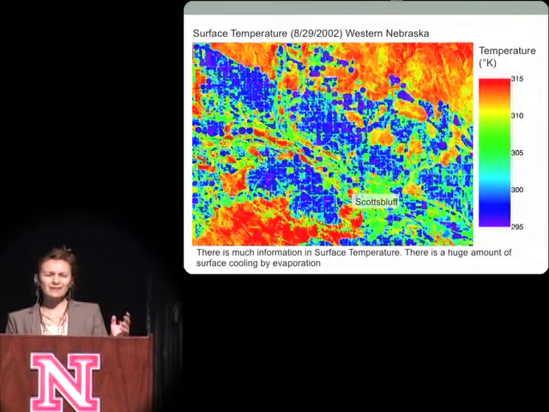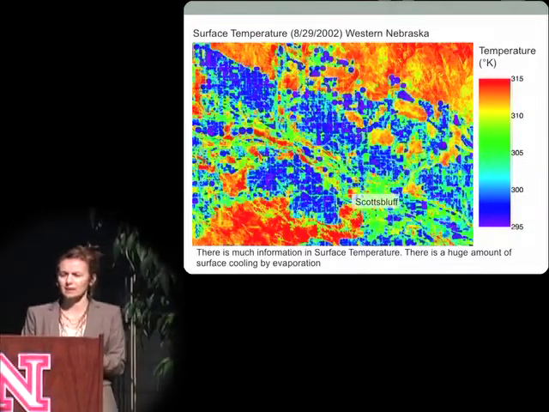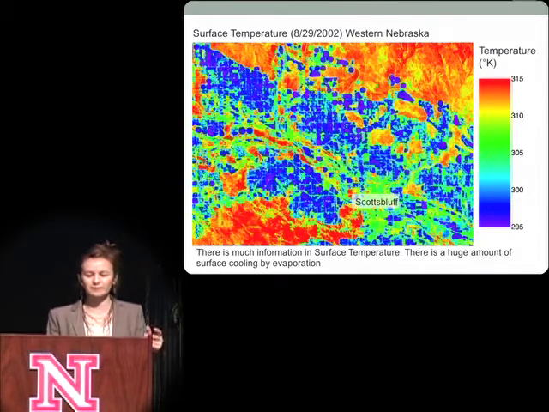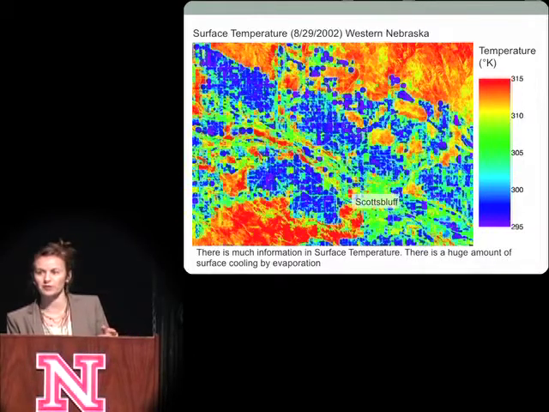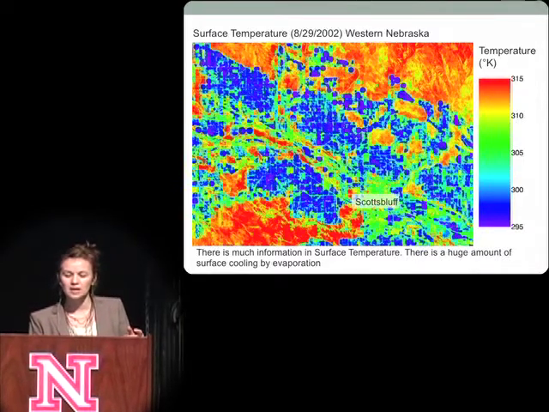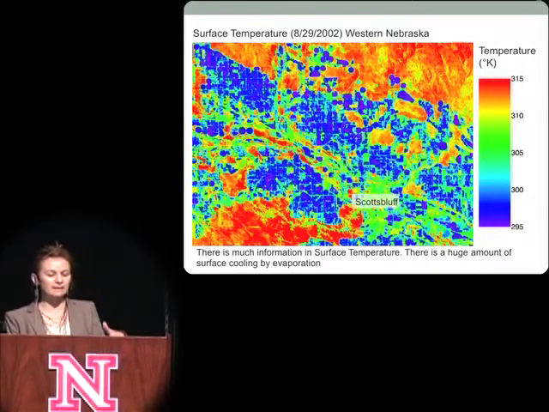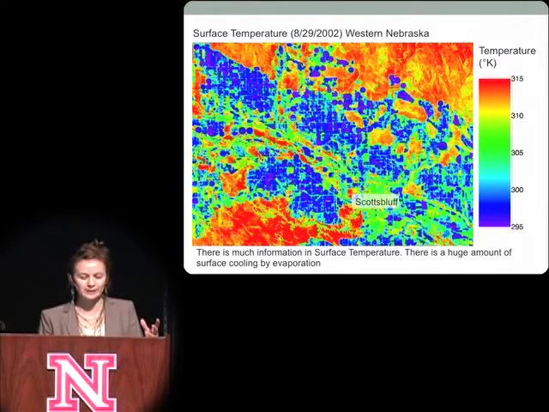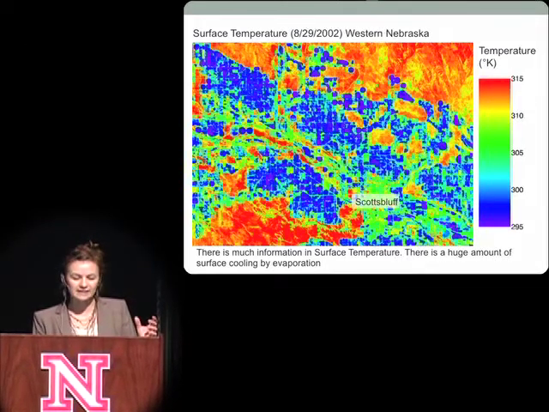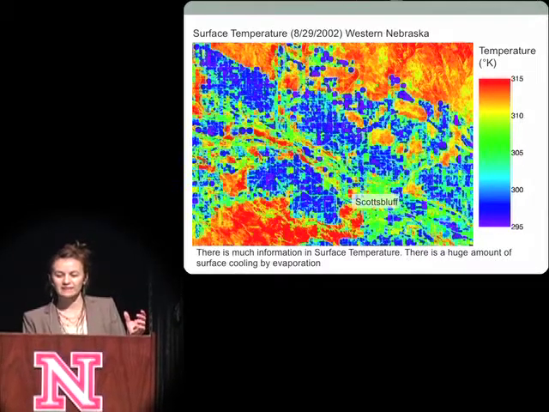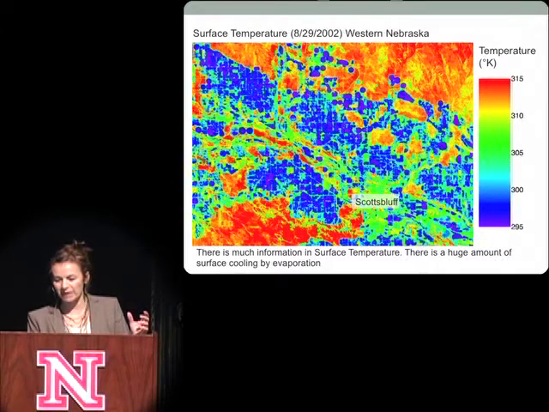All right, so what do we get from this thermal sensor? The water resources community is yelling about it. We get surface temperature. Here's a surface temperature map for western Nebraska that Ian, I'm not sure Ian is here, developed some time ago. We can really get a lot of information from this surface temperature. Here are some of the irrigated fields, and you can really see these center pivots nicely. The temperature is, let's say, around 302.